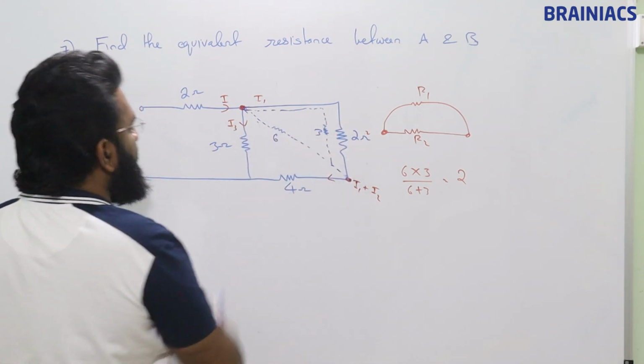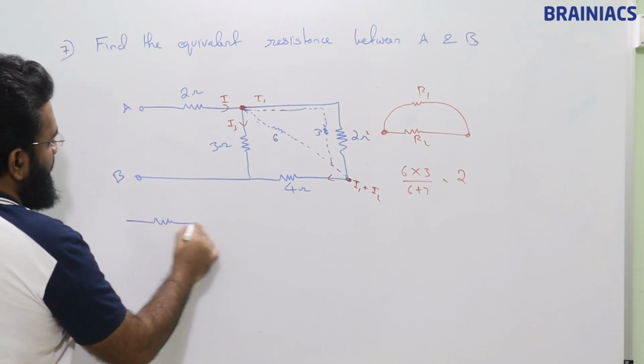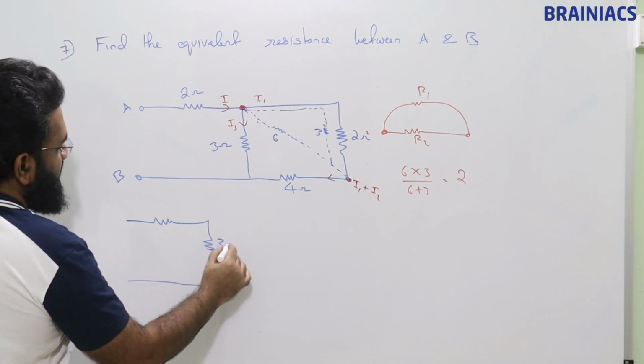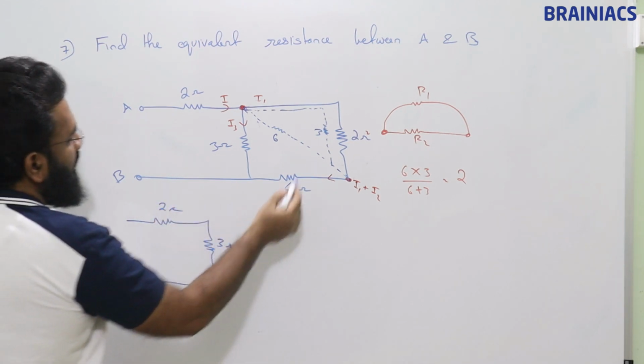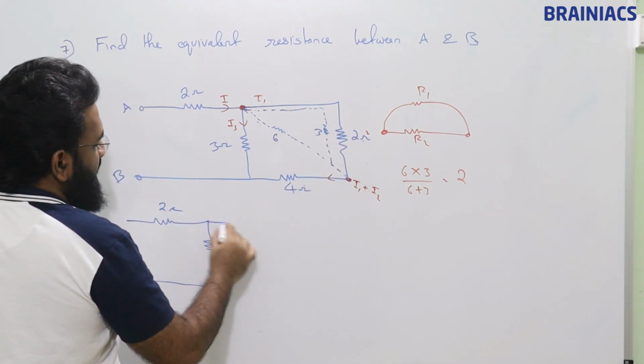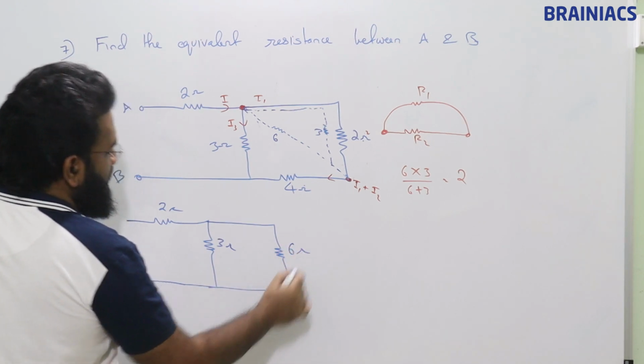Now this 2 and 4 are in series, that is again 6 ohm. So this is 3 ohm, this is 2 ohm. We replace the 2 and 4 with 6 ohm.